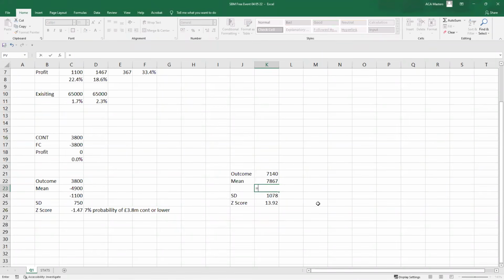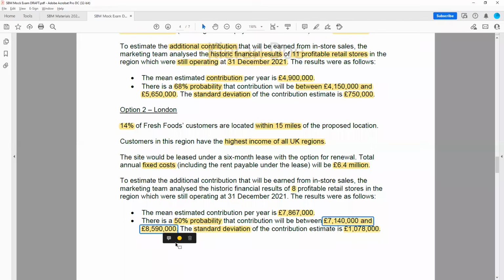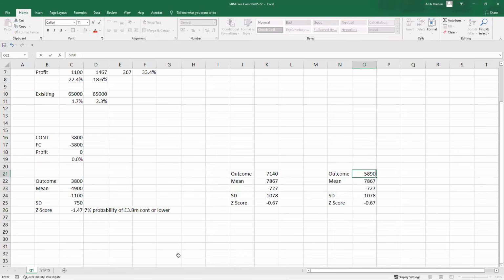If we take the outcome and minus the mean, we can see how many standard deviations this outcome is away from the mean. And of course, the other outcome we're looking at is above the mean, 8560. So we can see there's a 50% probability it's going to be between here and here.